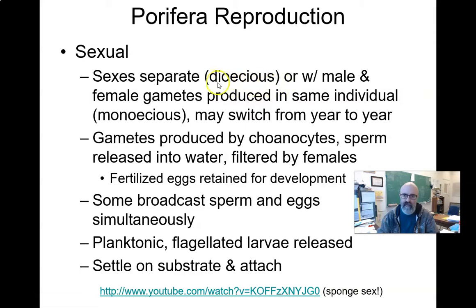Dioecious, two homes. So the male is in one home and the female is in another home. The male body is in this separate individual and the female is in this separate individual. Compared to a monoecious situation where we have one body with both male and female sexual organs.